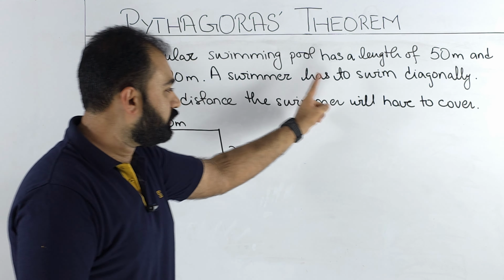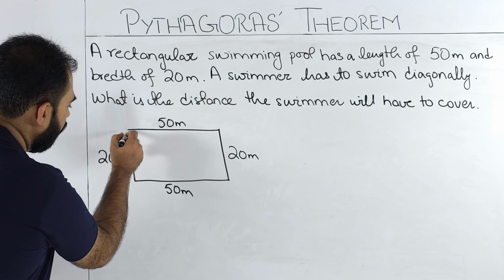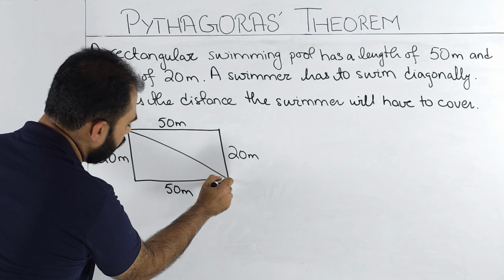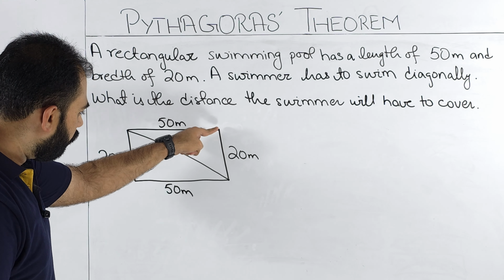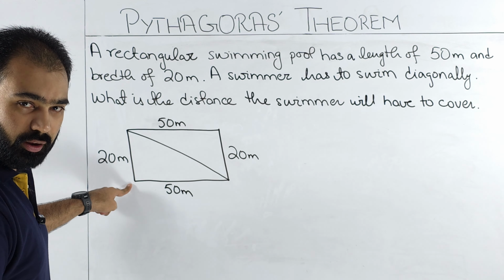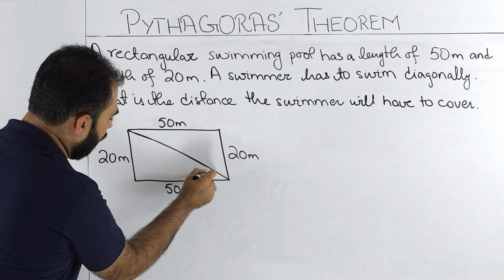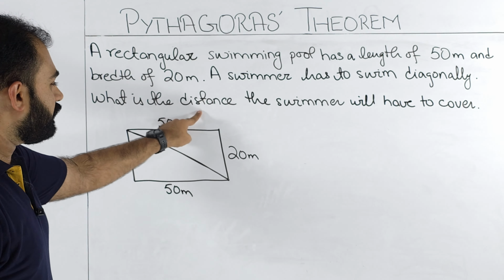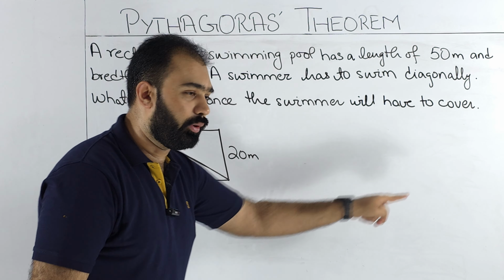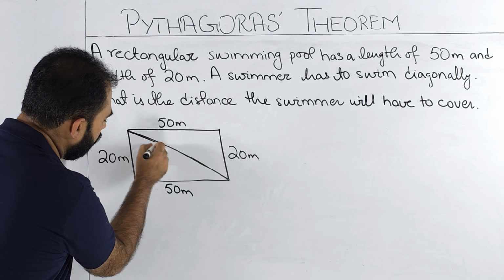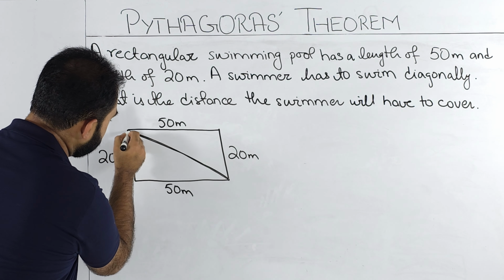A swimmer has to swim diagonally. Diagonally means from one corner to the other corner like this. Similarly, from that corner to this corner is also a diagonal. What is the distance the swimmer will have to cover? We have to find out how much distance this is.